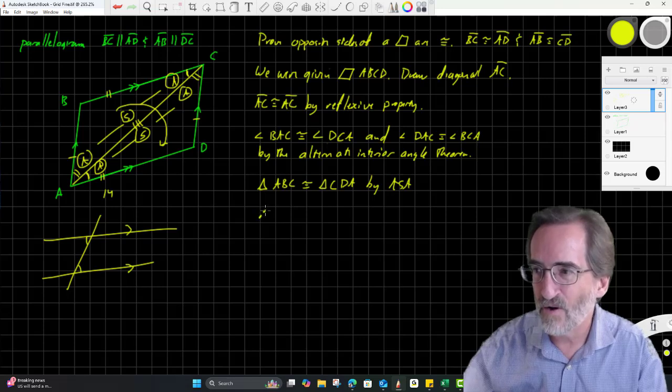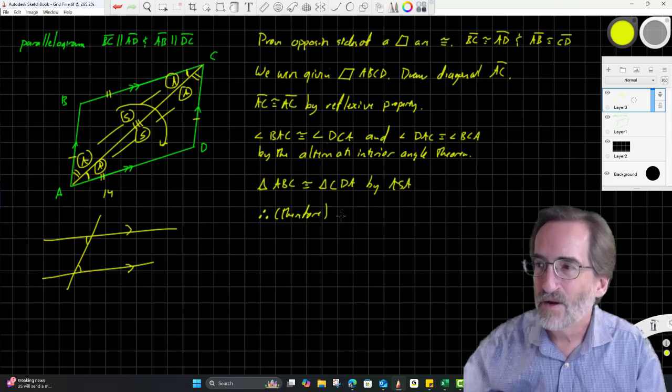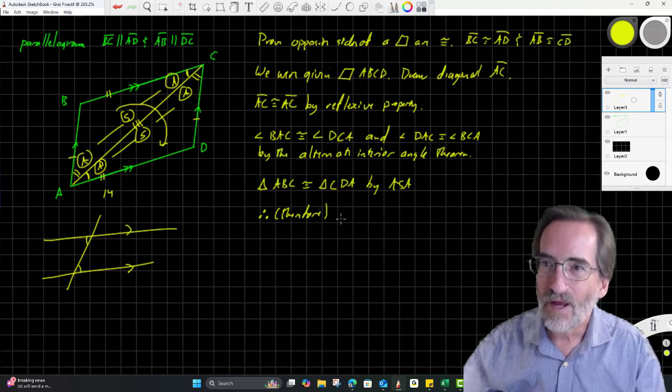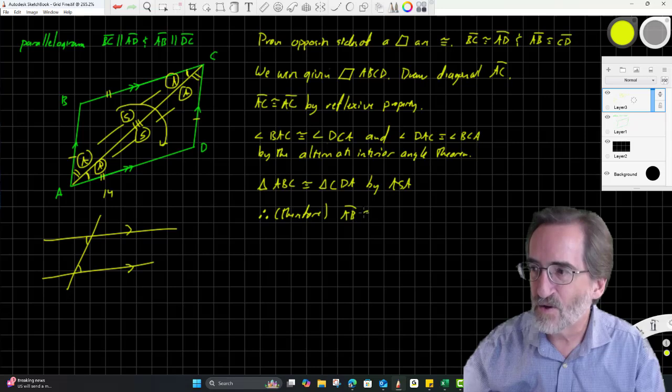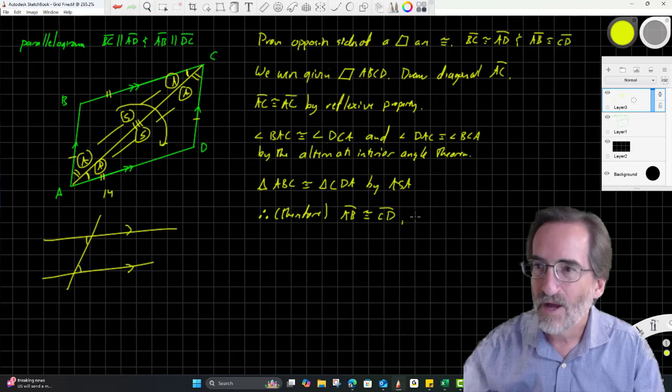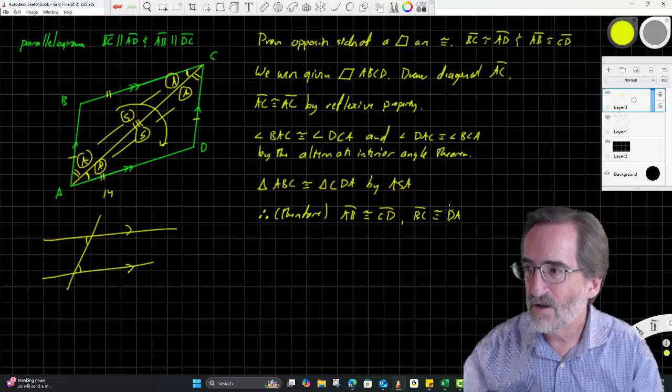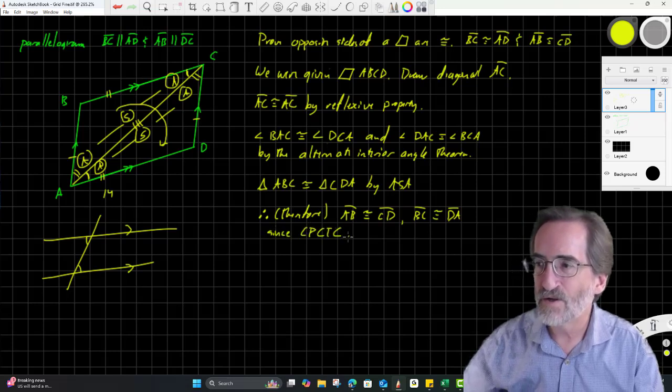So therefore, that's what these three dots mean, therefore. Makes you wonder what they're there for. Therefore, AB is congruent to CD, the corresponding parts, and BC is congruent to DA or AD, since corresponding parts of congruent triangles are congruent.